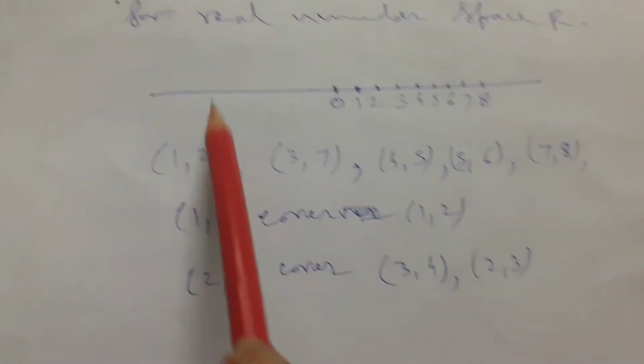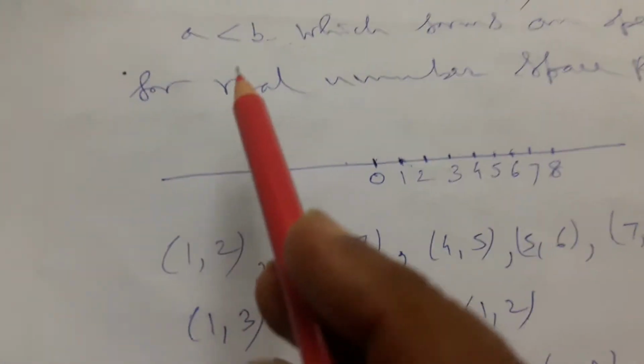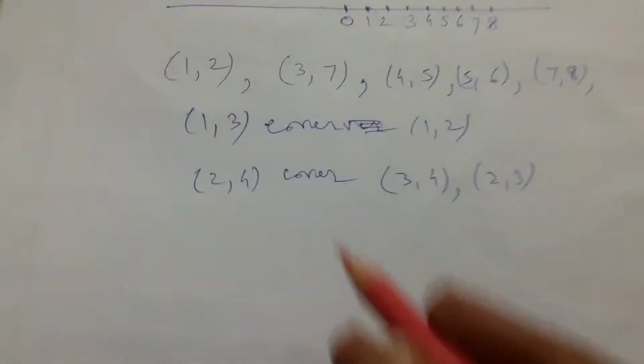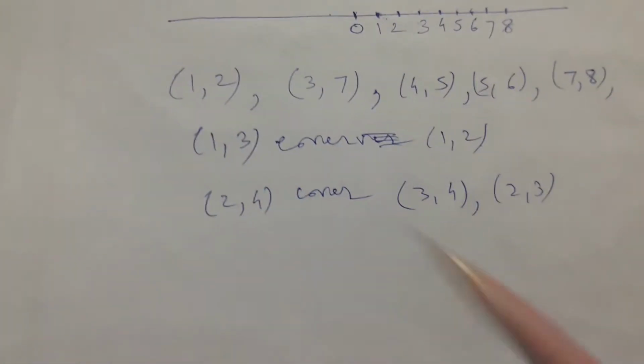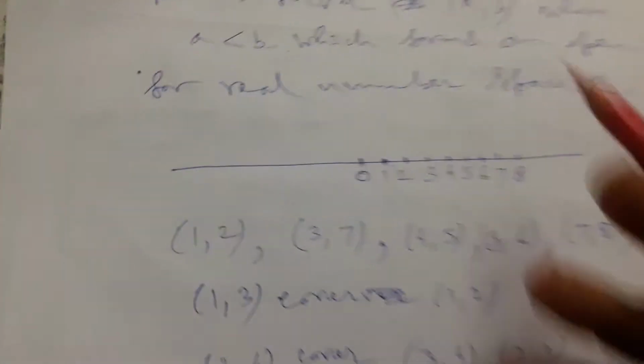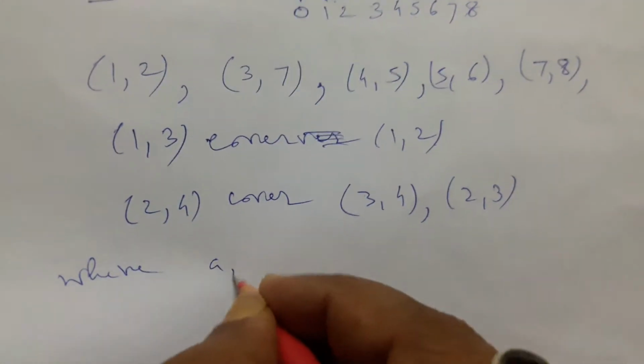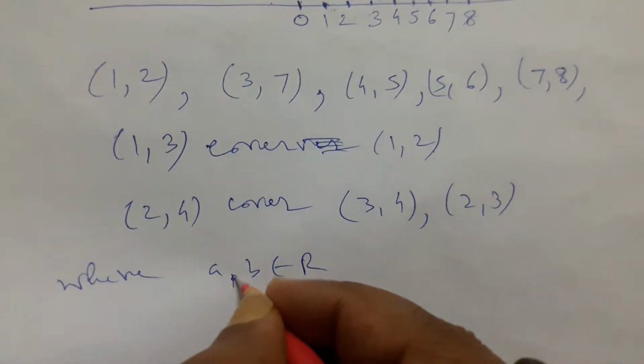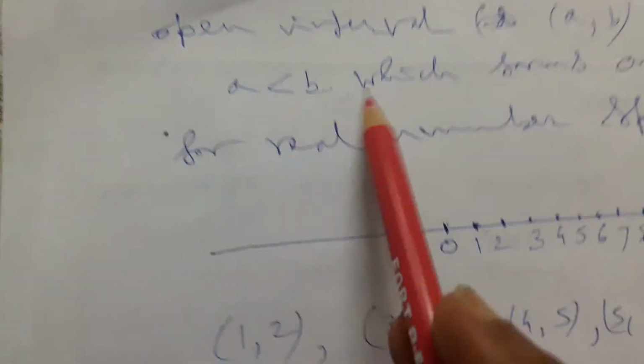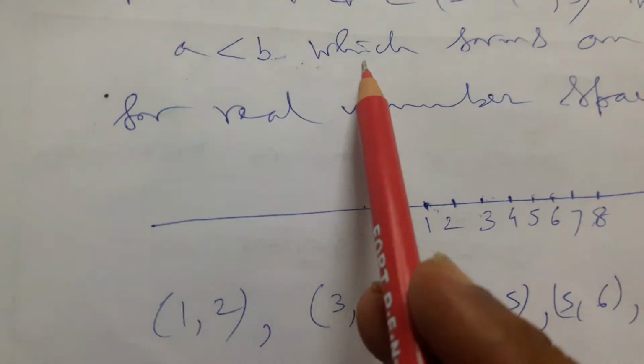So it is the idea of covering, arbitrarily defined as a and b, whatever the value of a and b, where both a and b are real numbers. So (a, b) is a cover of the real numbers.